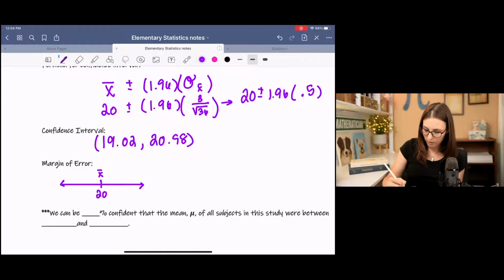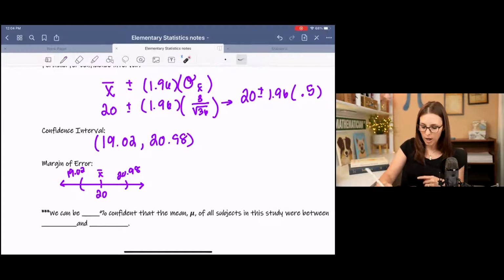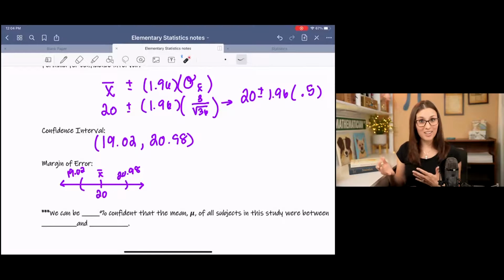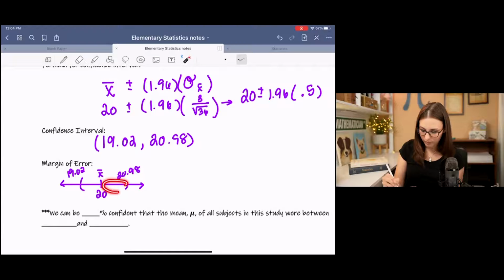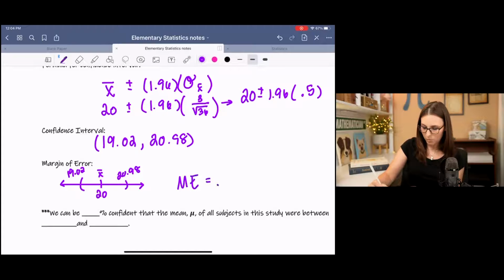And then we have 19.02 and 20.98. So how much change, how much buffer exists between the center and the endpoint? That is 0.98.